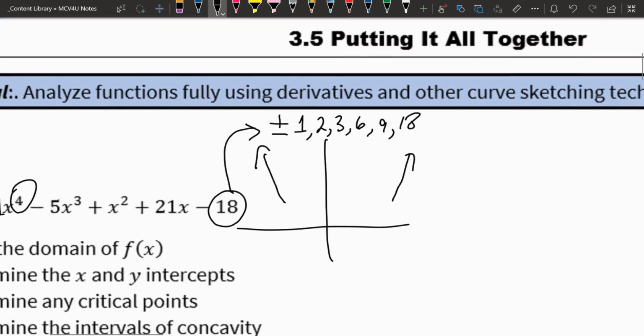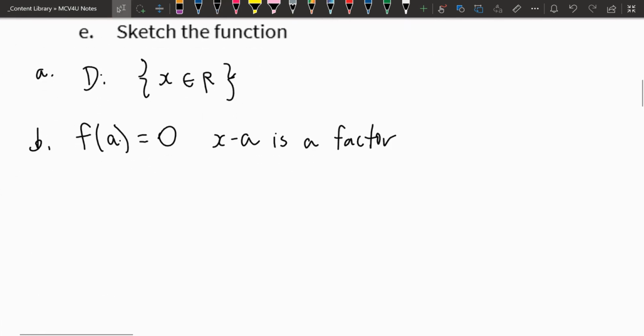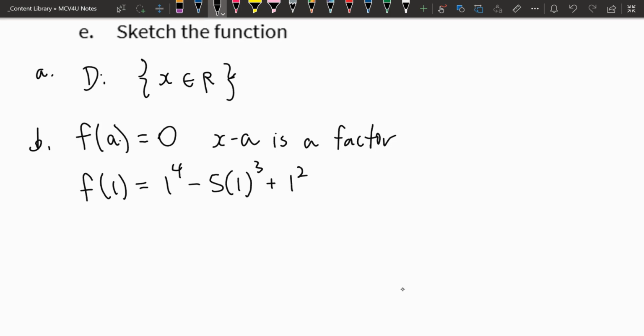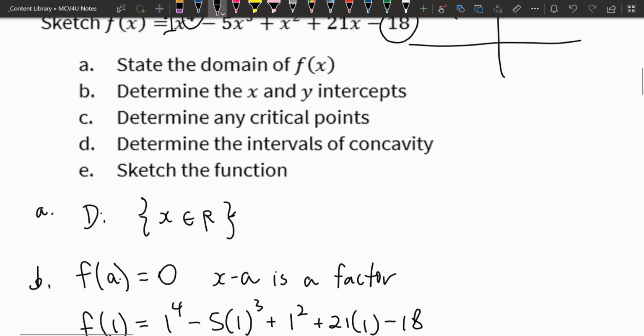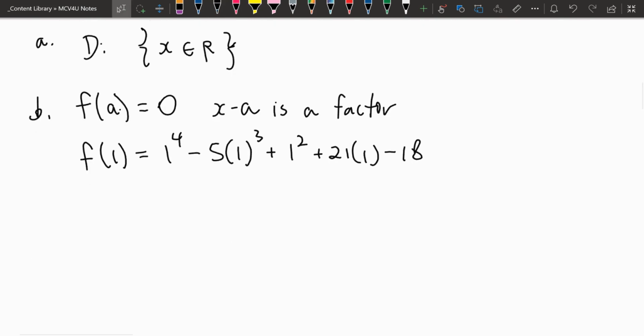We're going to try 1. If I do f of 1, we will get 1 to the power of 4, minus 5 times 1 cubed, plus 1 squared, plus 21 times 1, and then the minus 18. Okay, so all is there and accounted for.